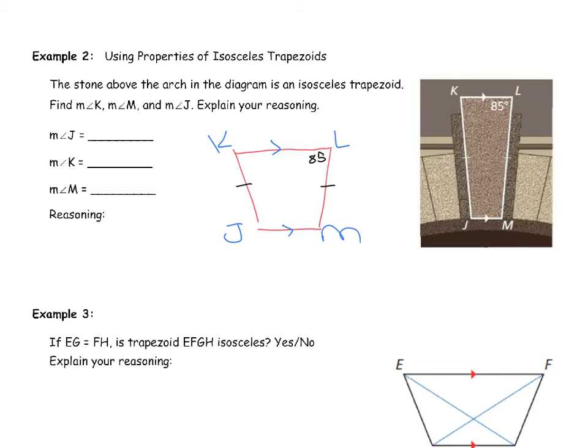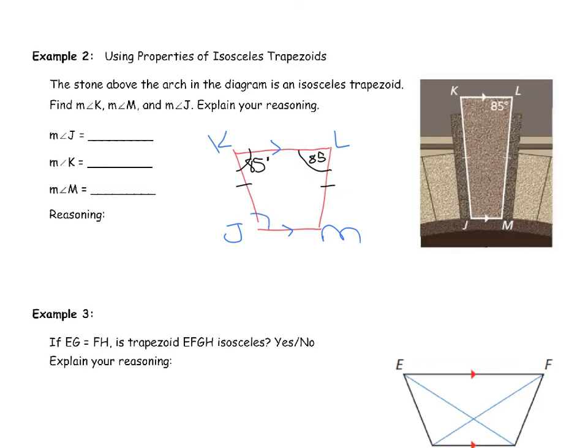Now, one of the properties that we need to recall about isosceles is that their base angles are, lucky for us, congruent. So, therefore, if angle L is 85 degrees, angle K has to also be 85 degrees.